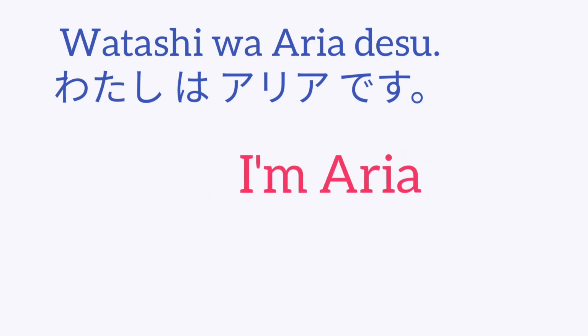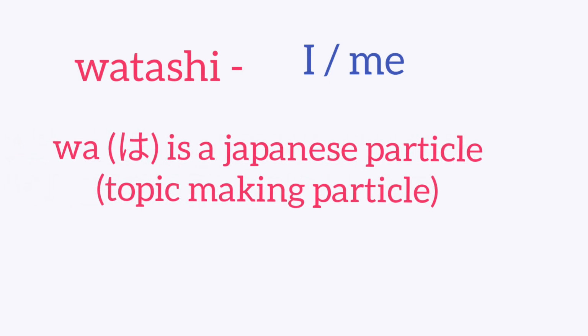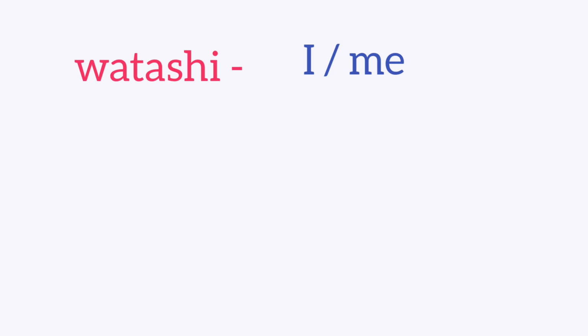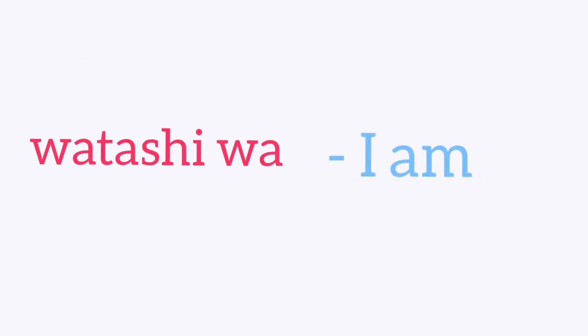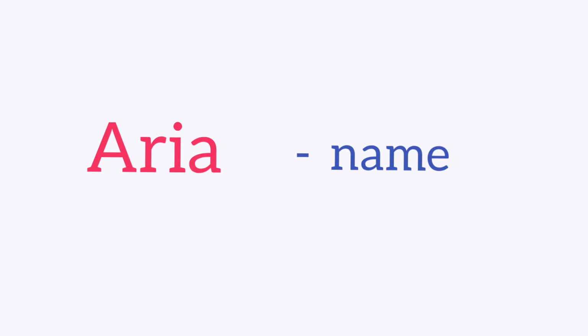Watashi means I or me. Wa is a particle in Japanese used as a topic-marking particle. So here, Watashi wa means I am. Aria is her name, so you need to replace it with your name when you introduce yourself.